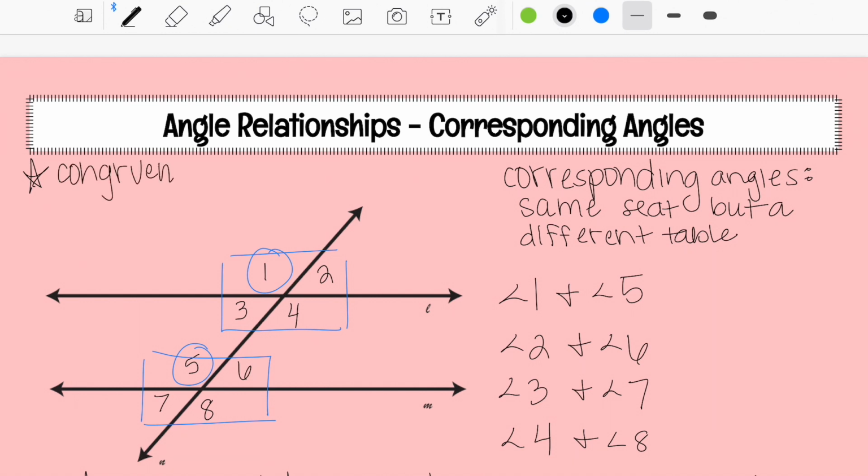Congruent means the same. So what that means for our purposes is that if angle 1 is 130 degrees, then so is angle 5. If angle 2 is 50 degrees, then so is angle 6 because they're corresponding. So please make sure that you have written down all of these things that we have so far before we move on to the next angle relationship.